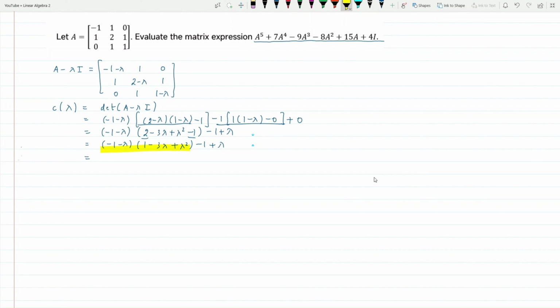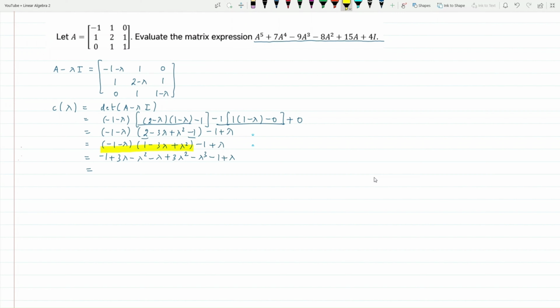Let us multiply these two terms and we get negative 1 plus 3 lambda minus lambda square minus lambda plus 3 lambda square minus lambda cube minus 1 plus lambda.